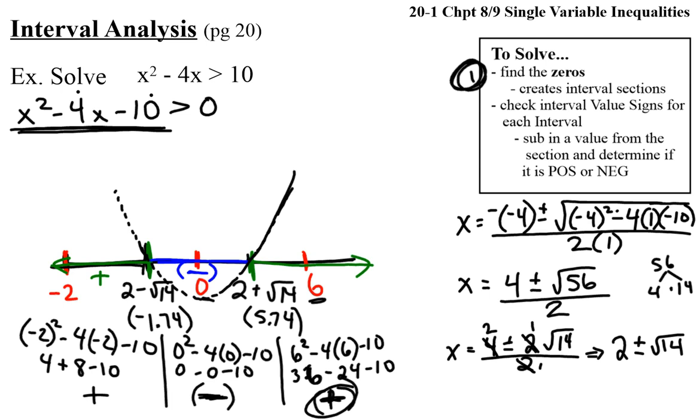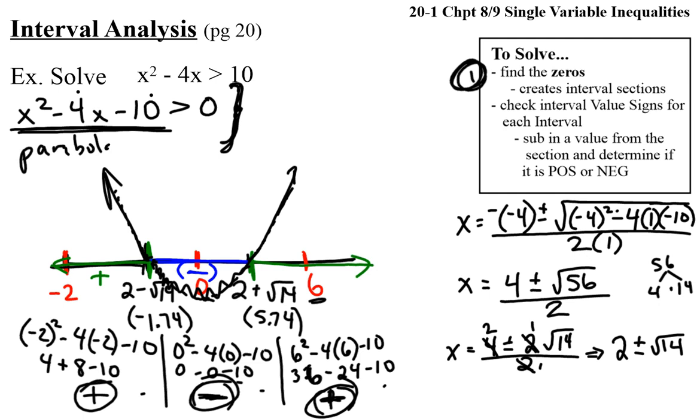Positive in this section, positive in this section, negative through the middle. Whether we look at it as a sketch or use the intervals, either way works. But we have to now write the solution. Don't forget about that. We want to know where the parabola is greater than 0.